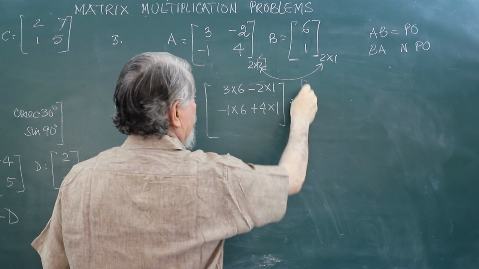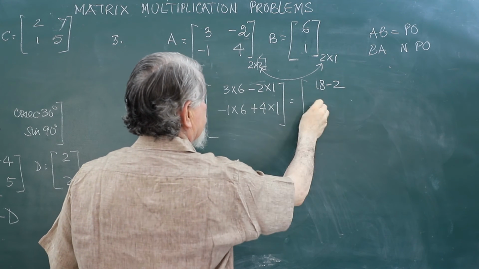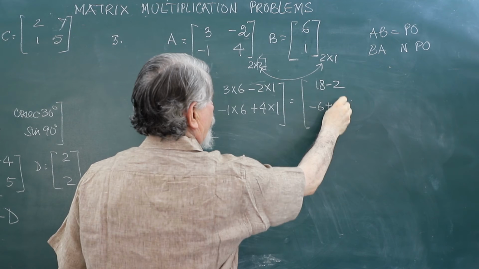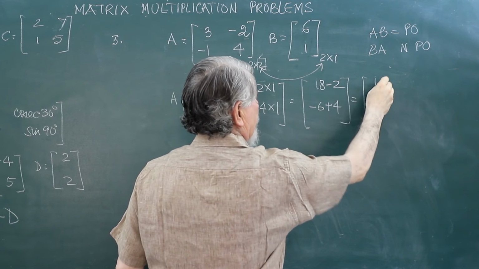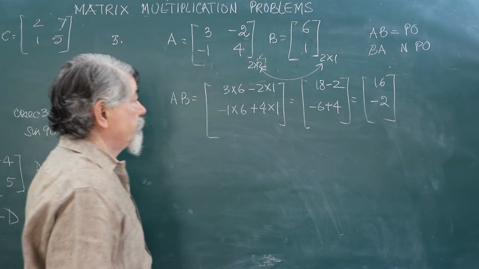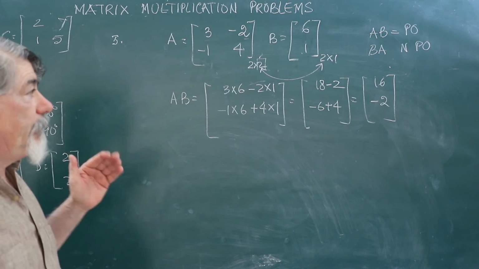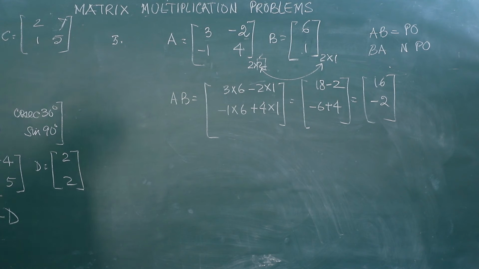So it will come 18 minus 2 and minus 6 plus 4. So 18 minus 2 is 16 and minus 2. So the matrix AB is 16, minus 2.